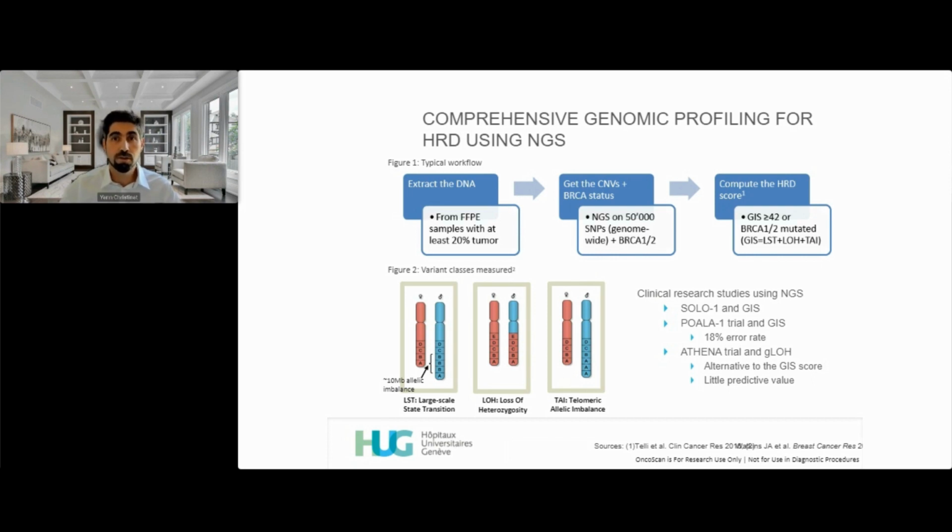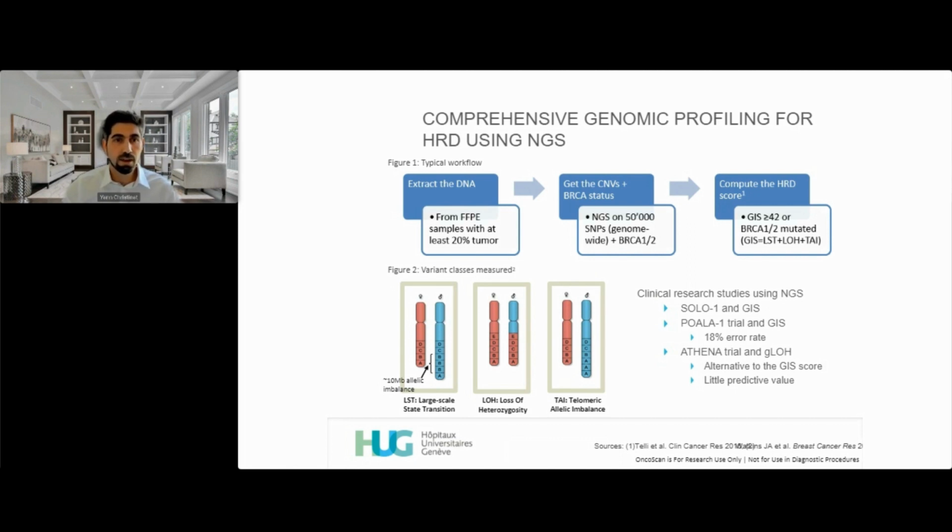The most well-known is the GIS, Genomic Instability Score, which is composed of three markers, the LST, LOH, and TAI. And a sample is positive if the sum of these markers is larger or equal to 42, or if it has a BRCA mutation. Now, these three markers, roughly, they compute the same things.